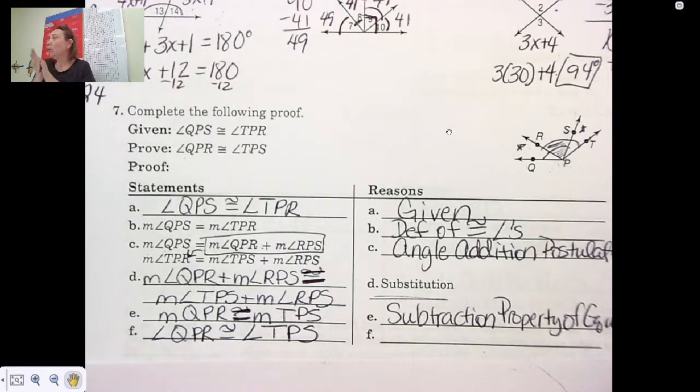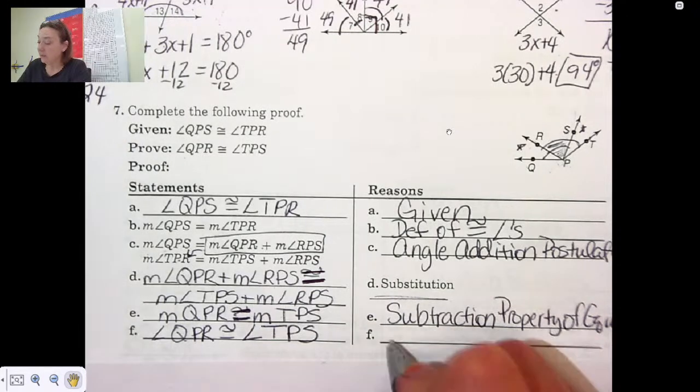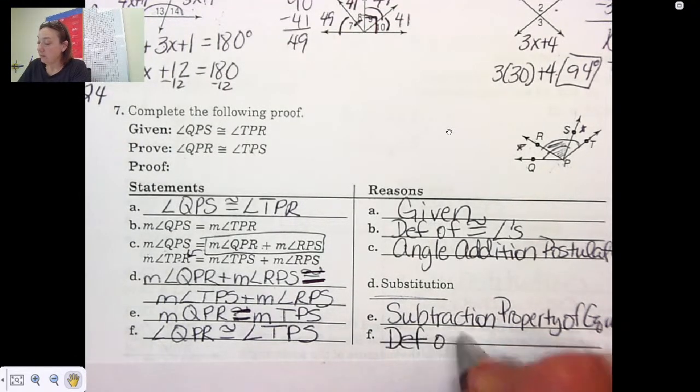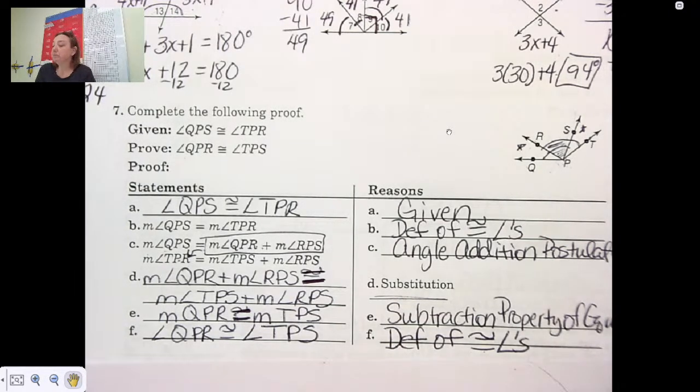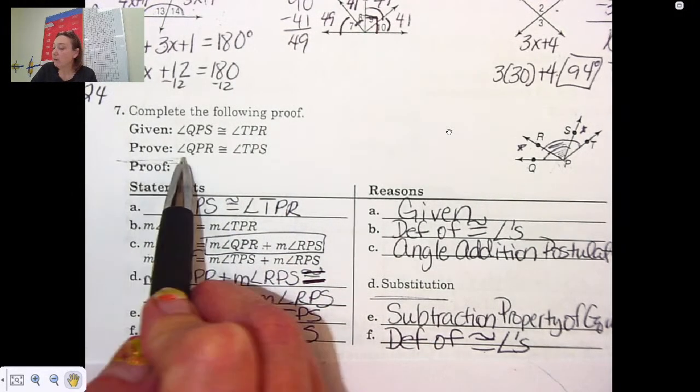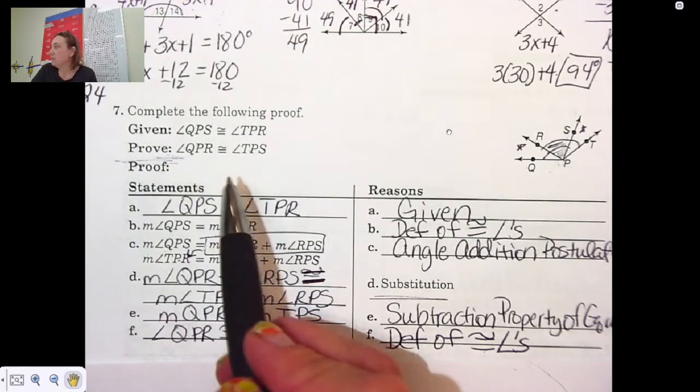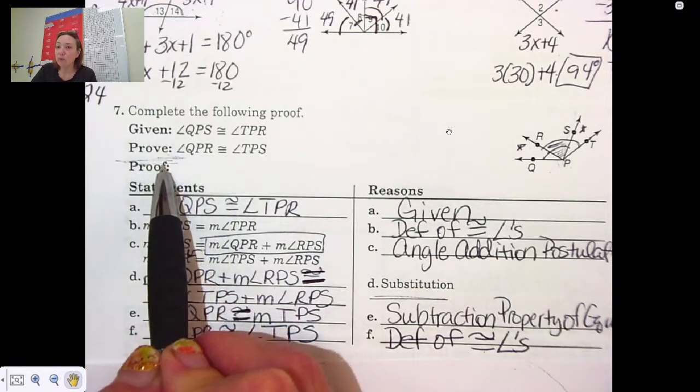How do we know that the measures of angles are the same if they're congruent? Like, how do we know that? So, yeah. It's going to be the definition of congruent angles. That's how we know it. A lot of times people want to write the word prove down here, but that's not a reason. That's a command. That's telling you to prove that.